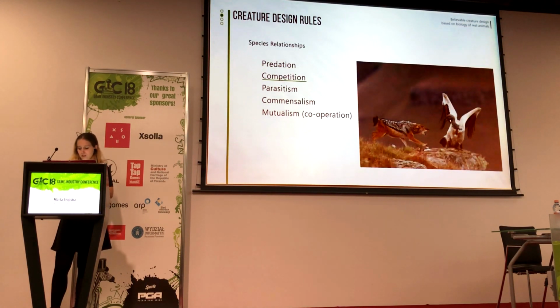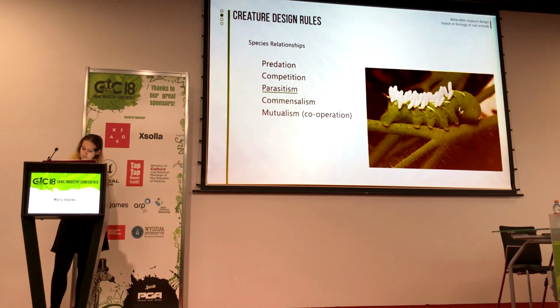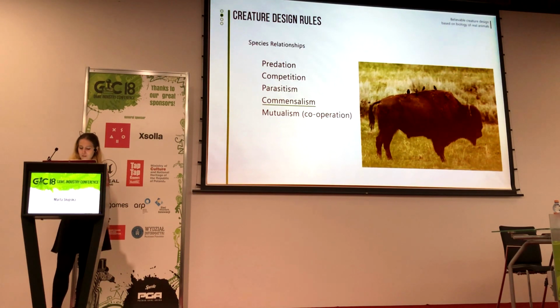Another one is competition, and it's of course when one species competes with the other for some resources, for example food or habitats. Another one is parasitism, and it's when one animal takes something from the other, harming it but not killing it, and it's not very good for the host. Another one is commensalism, and it's when one species takes an advantage from another, but the other one doesn't really care, and it's okay for it.